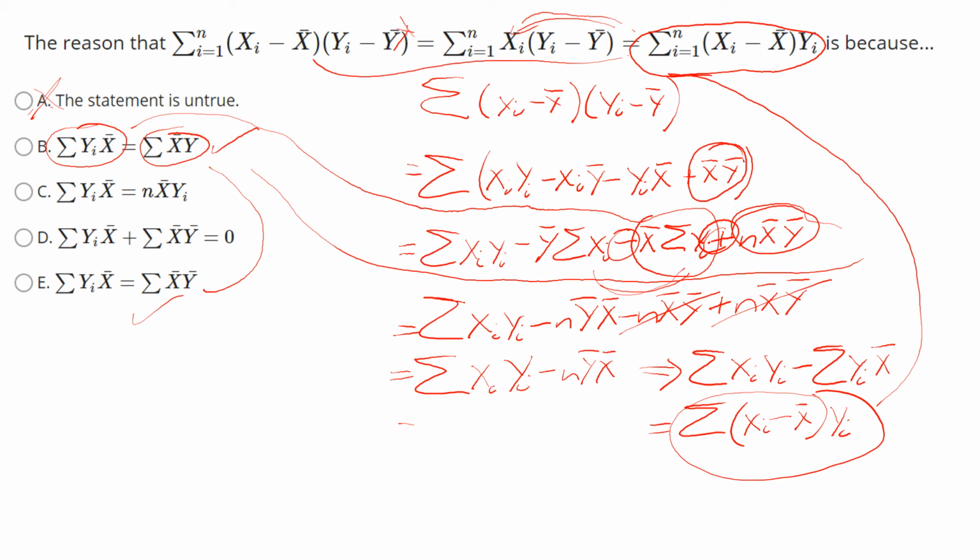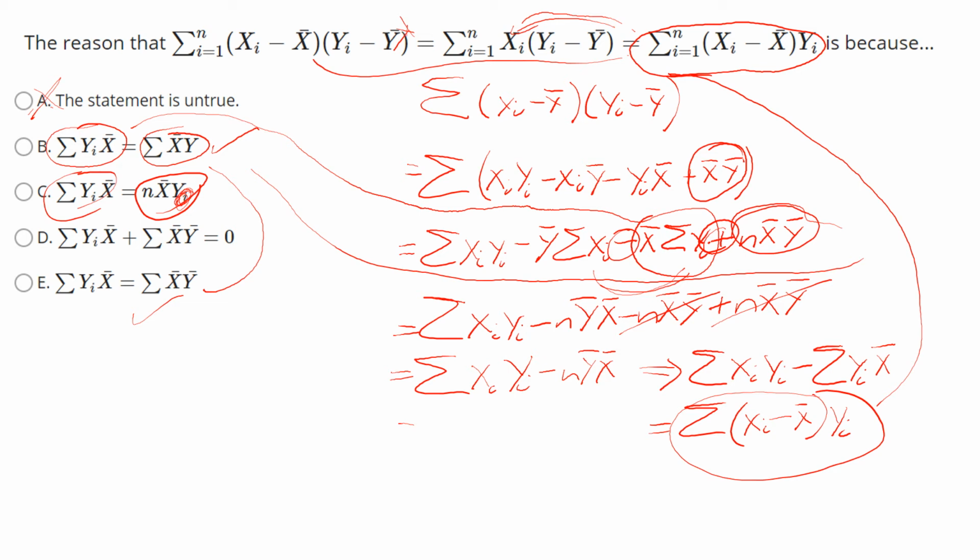What about C? Is it the case that the sum of yi x bar equals n times x bar times yi? Can we rewrite this like that? No, because we got rid of the summation, but we still have this indexed y over there. So that's clearly not right.